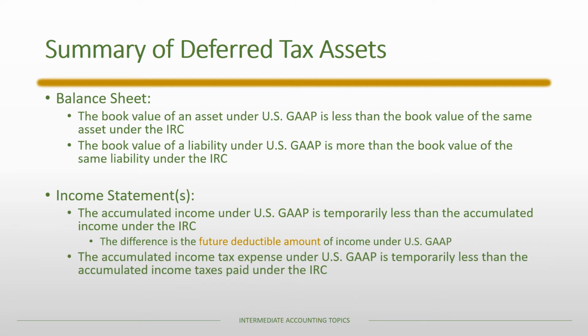If I have a deferred tax asset, it means that my accumulated income tax expense under U.S. GAAP is temporarily less than the accumulated income taxes paid under the Internal Revenue Code. Again, this difference is what's known as the deferred tax benefit. That deferred tax benefit is a new term, but it is commonly used, and it is synonymous with the balance in the deferred tax asset account.